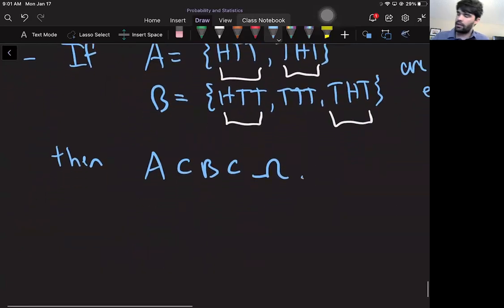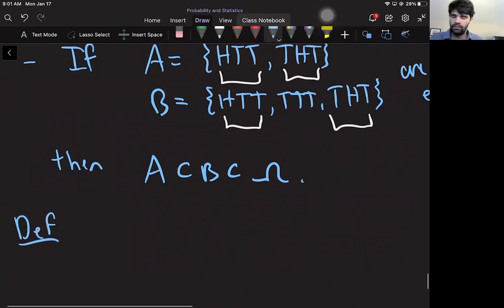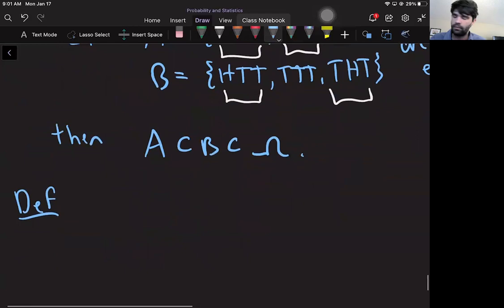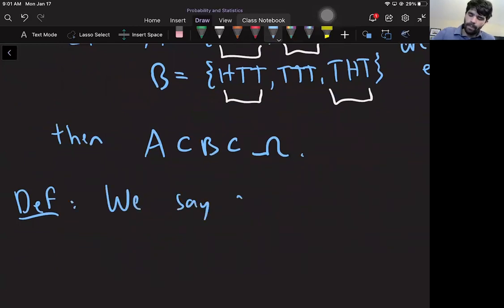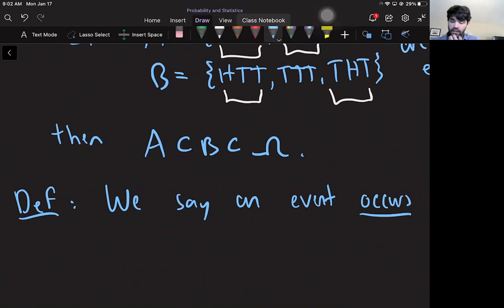Okay, so this leads to another definition. When this type of thing happens, we want a name for it. So we say an event occurs. So what does it mean for an event to occur? It's going to be sort of what you think it is.